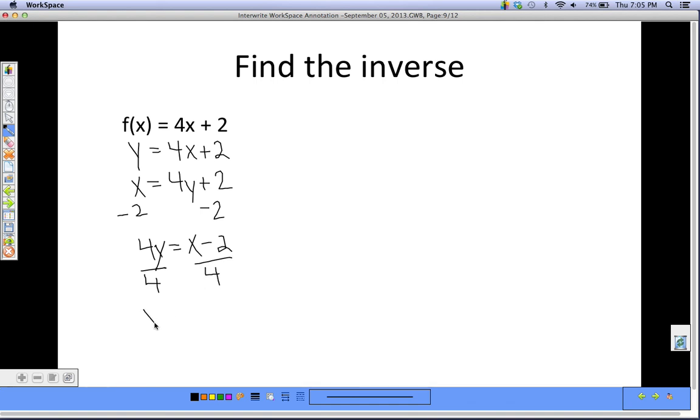Now, when we get to this point, we're going to split this up. So we have x over 4 minus 2 over 4. And we're going to reduce where necessary. I would really like to not see decimals. So I'm going to put this into one step here, because we know we found the inverse. So we have our inverse notation equals x over 4 minus 1/2.